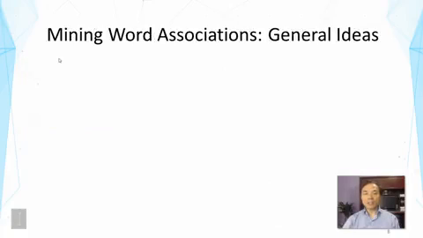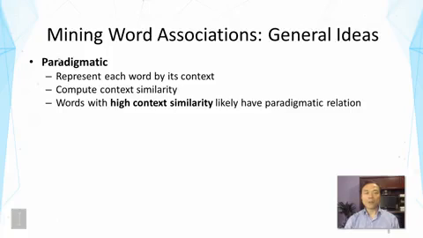So to summarize, the general ideas for discovering word associations are the following. For paradigmatic relation, we represent each word by its context and then compute the context similarity. We're going to assume the words that have high context similarity to have paradigmatic relation.